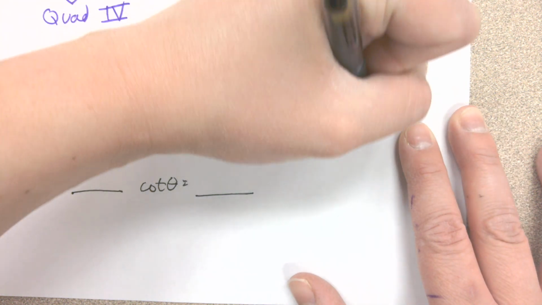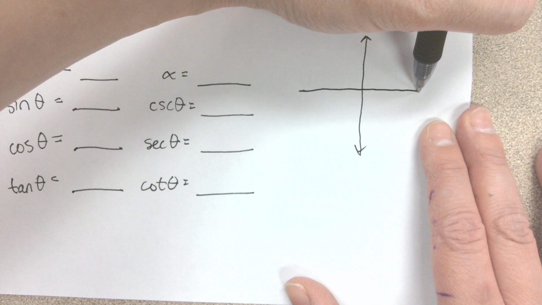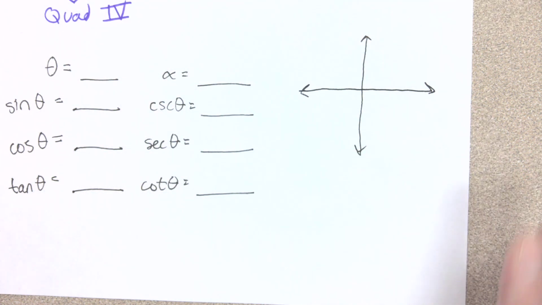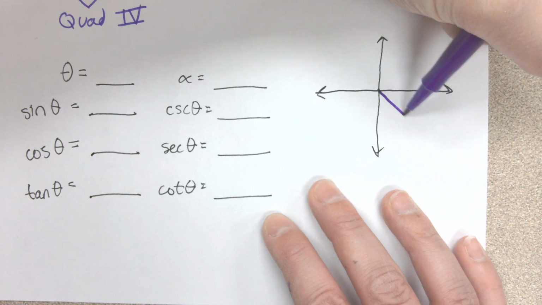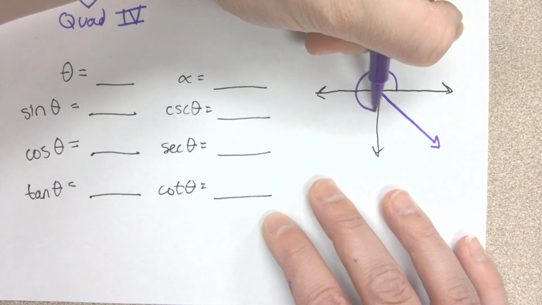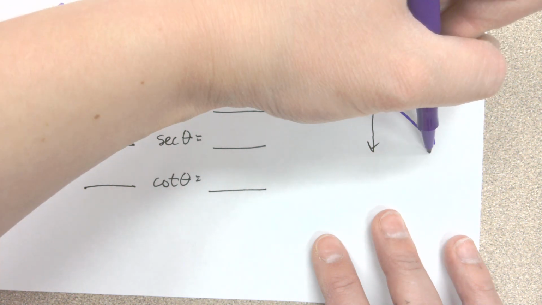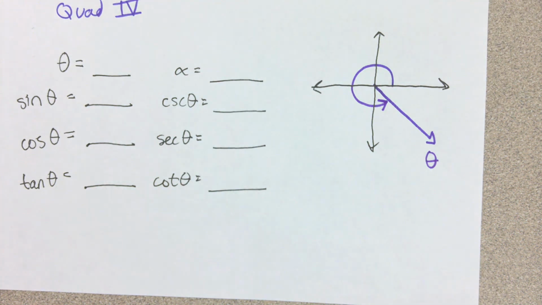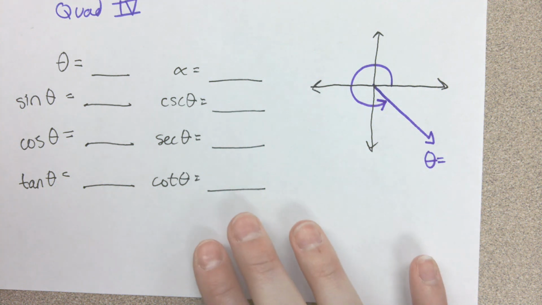And now we graph. We know we're in the fourth quadrant. Angle of rotation. We still need to figure out theta, so I'm going to leave that like that. Theta equals to be determined.